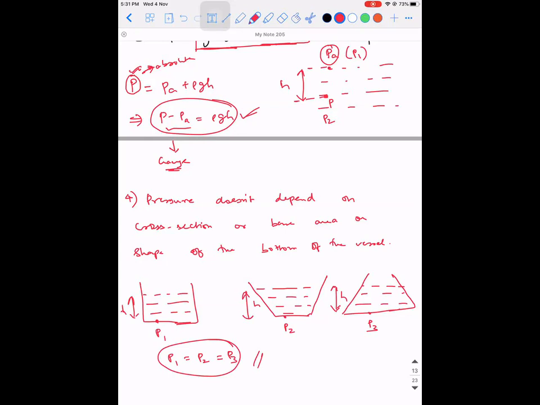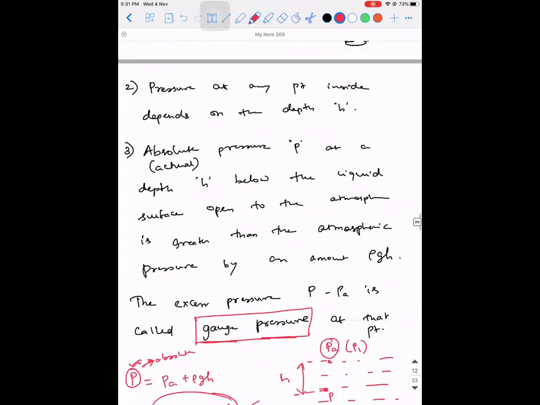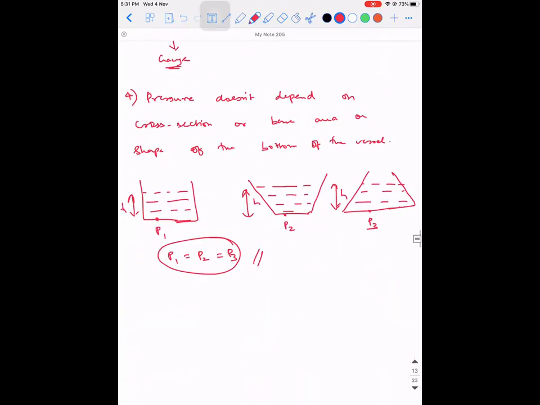The pressure is the same because for a liquid column, what does the first point say? Liquid pressure is the same at all points which are at the same horizontal level. So since in all the three cases the liquid column has a depth of H, the pressure at the bottom will be the same in all three cases, irrespective of the shape or cross-section area of the base.